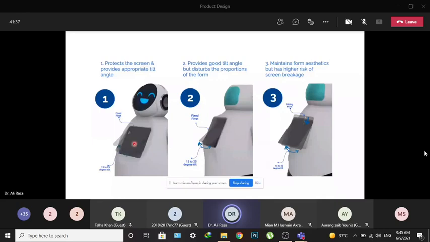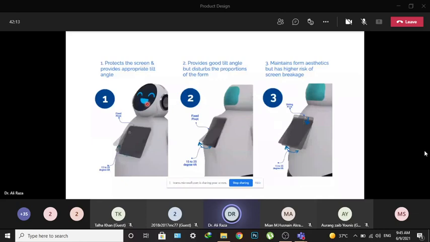So if the person has to make a phone call, the person needs to access the address book or the contact list. So that is not going to be displayed on the face, that is going to be displayed on the screen. So there was quite a lot of discussion, and eventually it was discussed that yes, we are going to have the screen on the torso, so that the robot always keeps the facial expression active, so that the interaction is not a machined interaction, but it is something like an emotional interaction.